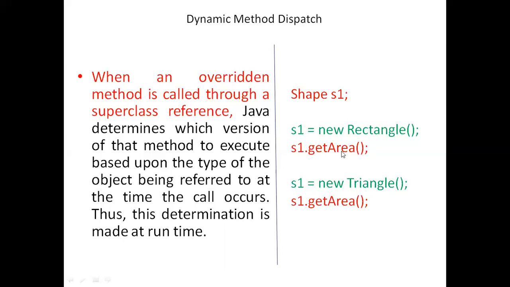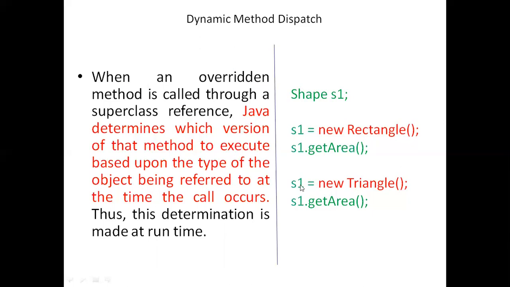When I say S1.getArea, Java determines which version of that method to execute based upon the type of the object being referred to at the time the call occurs. When this instruction is being executed, what is there in S1? Here S1 is new Rectangle. So the getArea method from the Rectangle class is executed.